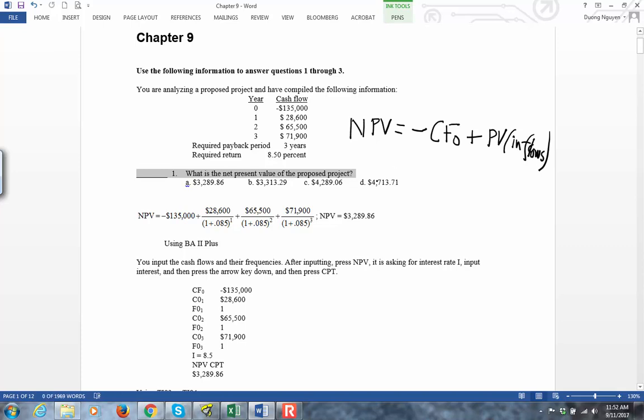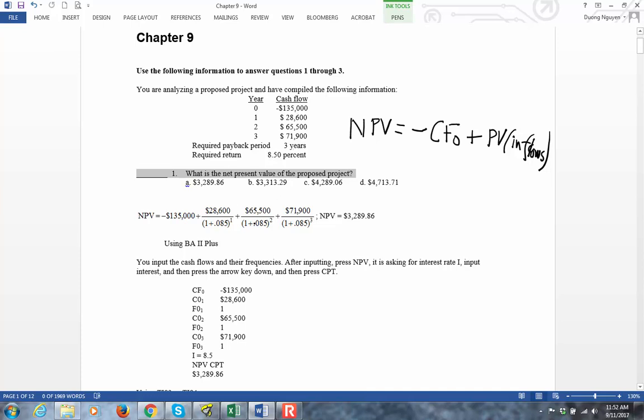So in our example here, the cash flow at time 0 is negative 135,000. The inflows will be 28,600 in year 1, so the present value would be 28,600 over 1.085 to the power 1 because it is in the first year.